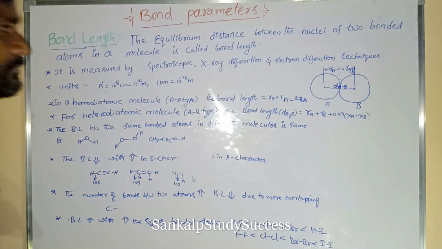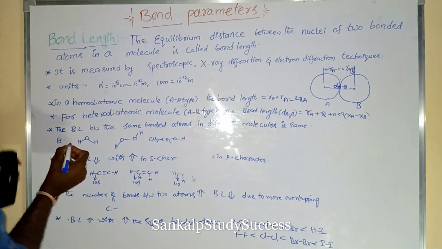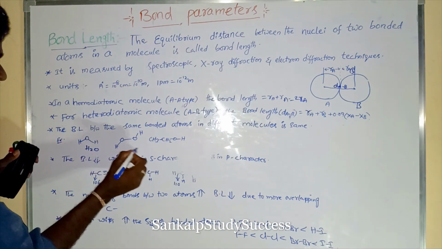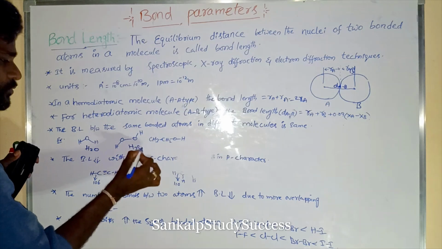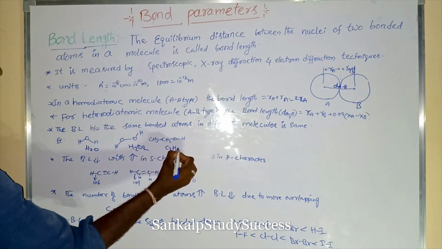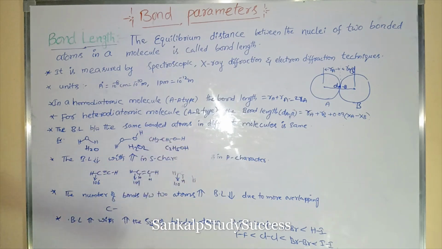Now, this is H2O, this is H2O2, hydrogen peroxide, and this is ethyl alcohol, C2H5OH.